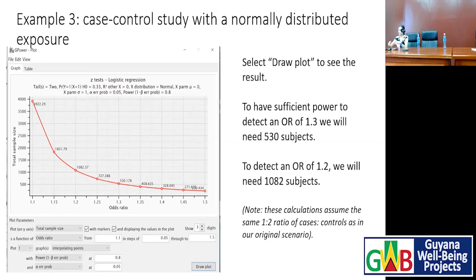We put in our original scenario the numbers that we have based on cases and controls, but when we calculated these, they are total sample sizes, and it's assuming that the total is distributed 1/3 cases and 2/3 controls.